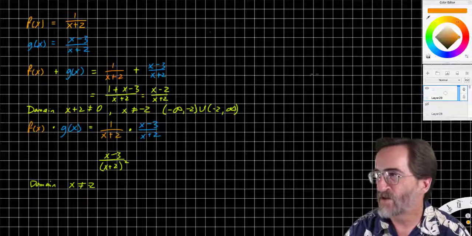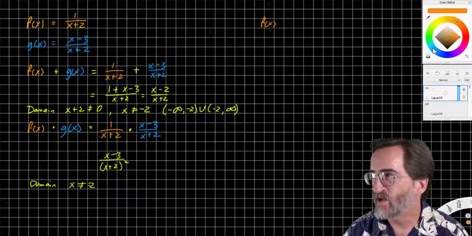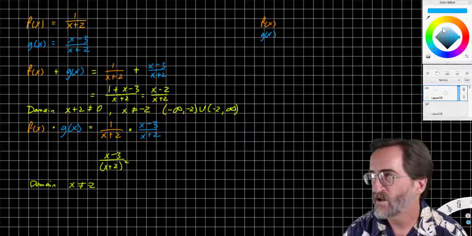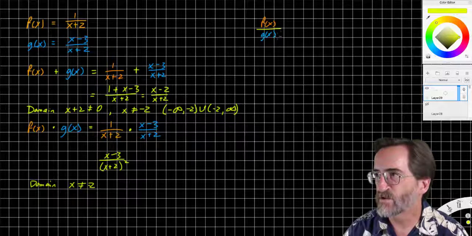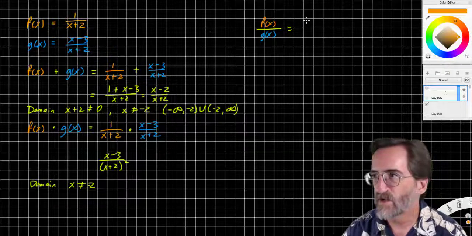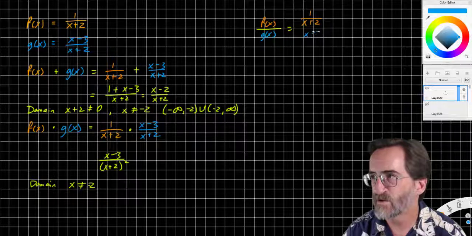All right, so let's jump ahead now to division. F of x divided by g of x. This one's a little more complicated. F of x is 1 over x plus 2. G of x is x minus 3 over x plus 2. We're going to divide.